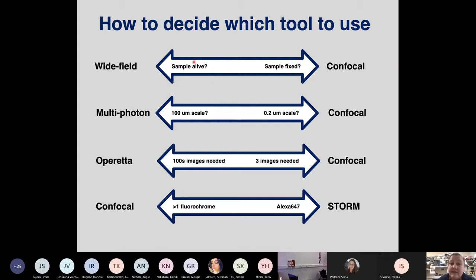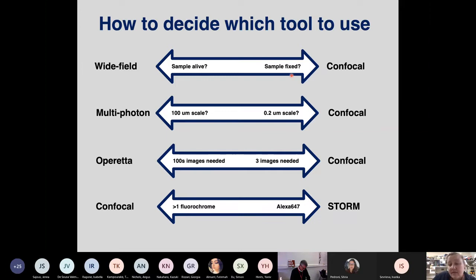And if your sample is alive, then for the majority of applications, a bog standard fluorescent microscope will actually be the best choice, because living cells are not keen on being lasered by a confocal. So you have to go down with the laser power quite a bit in order to visualize living cells in a confocal.